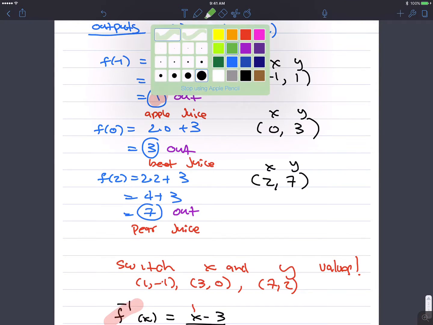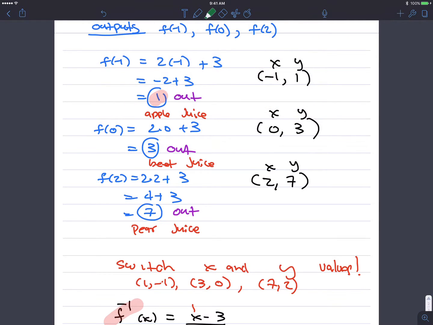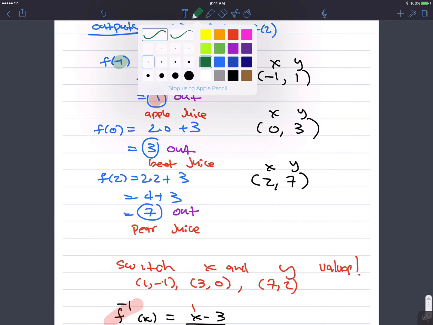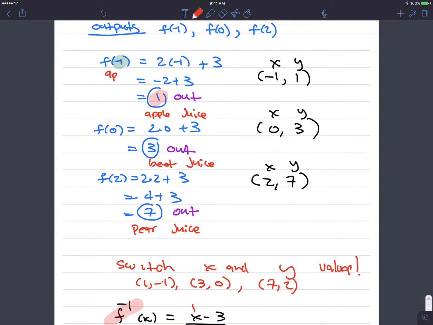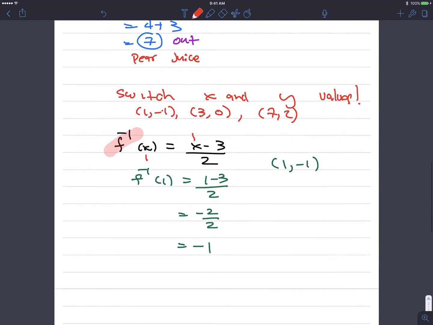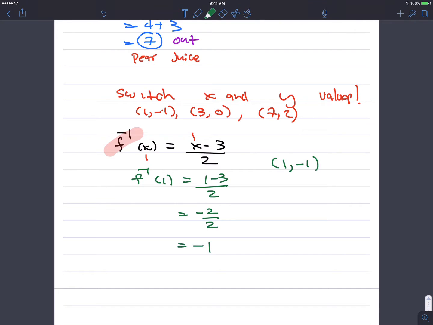Notice this. Didn't we say that? We said, oh, look. Here is my apple. So what I plugged in, the reverse machine, is I plugged in my apple juice, and I got my apple right here. Okay? Here's the apple juice, and here's my apple.